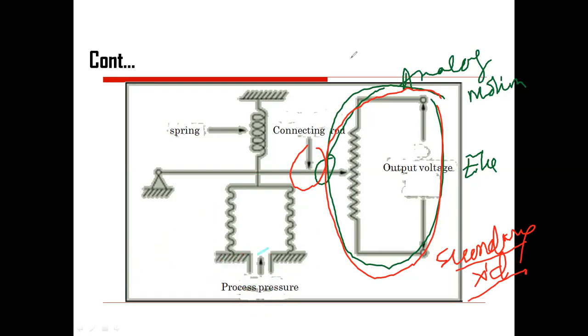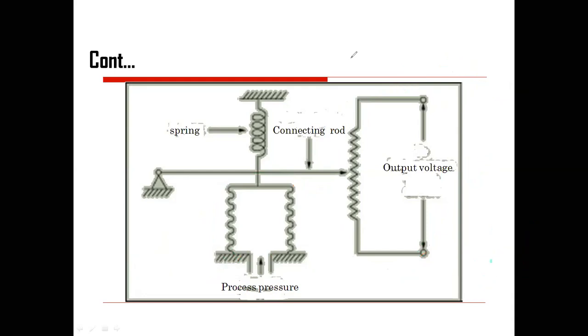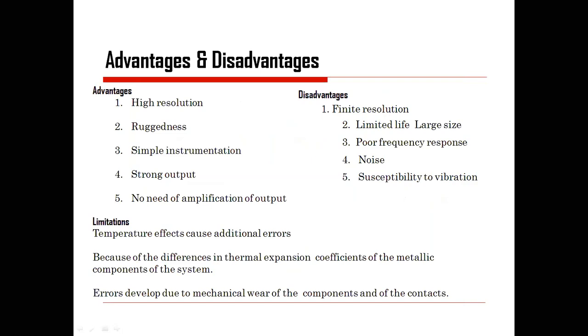So this is one example that can be fruitfully designed or developed for the measurement of pressure. Either you can use a Bourdon tube, a diaphragm, or a bellow. The bellow example I have shown for you; the diaphragm example we have seen in the previous lecture.